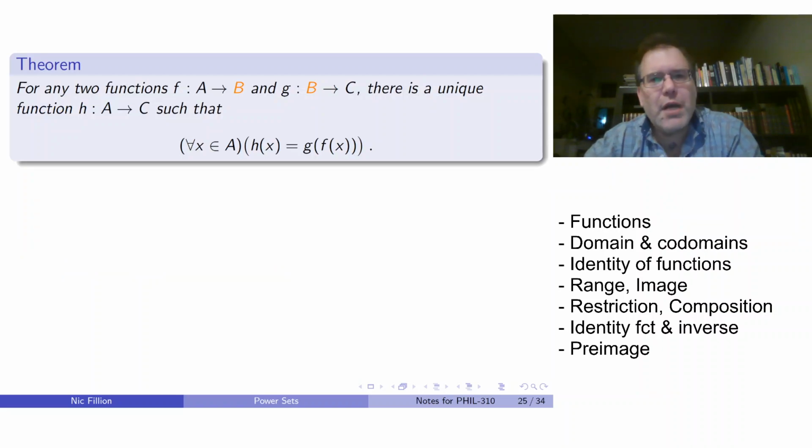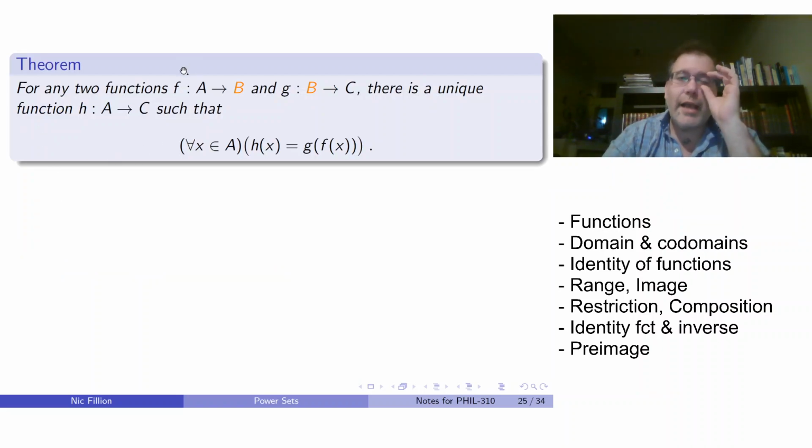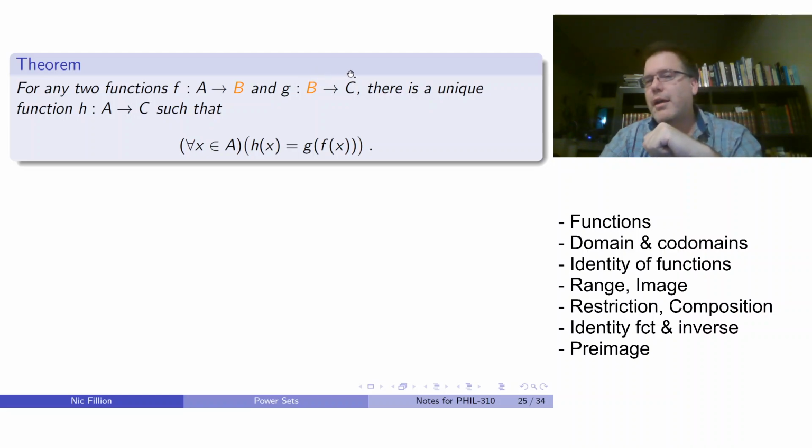And here's how we say it, right? So take two functions, f with domain A and codomain B, and g with domain B and codomain C. So note that the domain of g is the codomain of f, because we're going to first apply f.